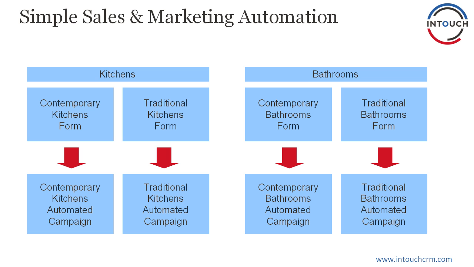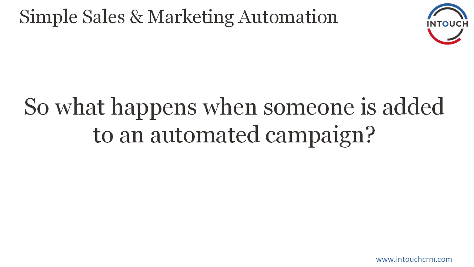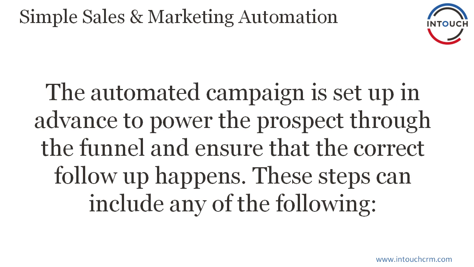So in the first example, contextual data, we have 4 forms that each feed into a different automated campaign that is tailored to information around that product area. So one for contemporary kitchens, one for traditional bathrooms, etc. So what happens when someone is added to an automated campaign? The automated campaign is set up in advance to power the prospect through the funnel and ensure that the correct follow-up happens.